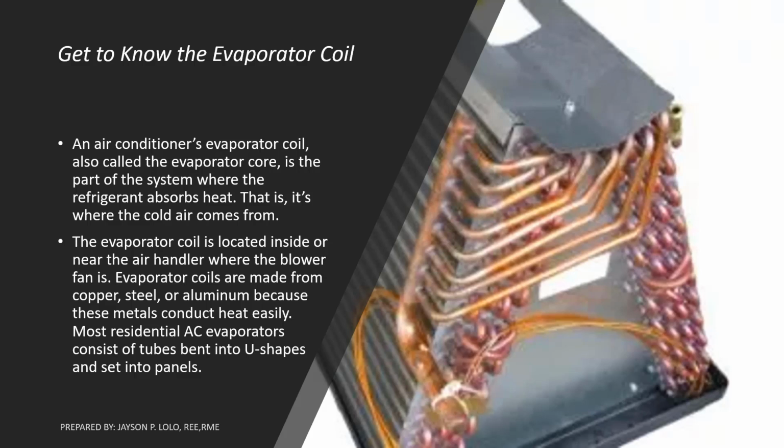So we must get to know the evaporator coil. This is the picture of the evaporator coil. An air conditioner's evaporator coil, also called the evaporator's core, is the part of the system where the refrigerant absorbs heat. That is, it's where the cold comes from. Air conditioners don't actually produce cold air in the way a furnace produces heat.